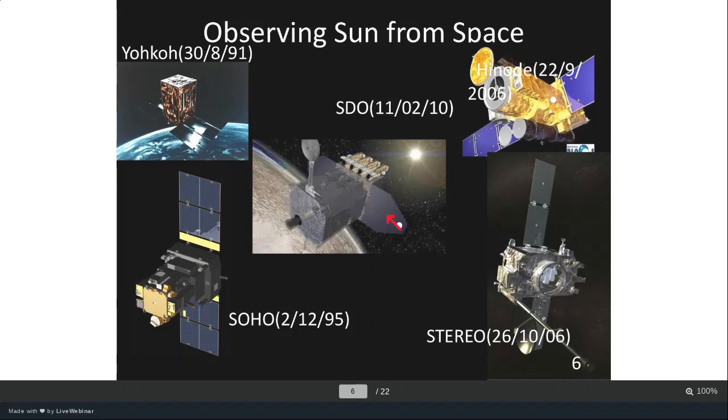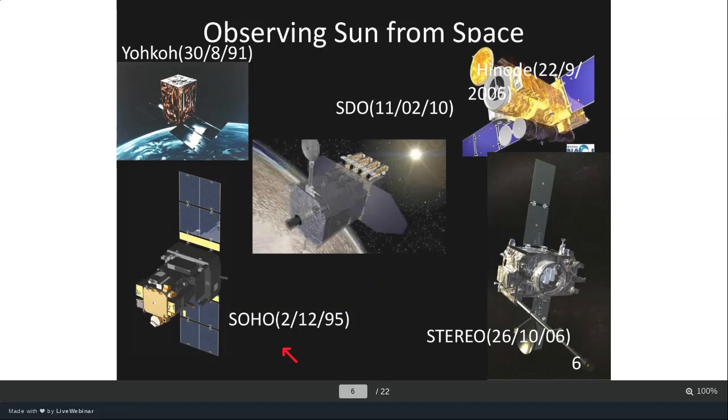Solar Dynamics Observatory is a NASA's space mission which has been observing the sun from 11 February 2010. It has multiple channels to observe the sun. It is one of the advanced telescope. Solar and Heliospheric Observatory is a space mission of European Space Agency and NASA.